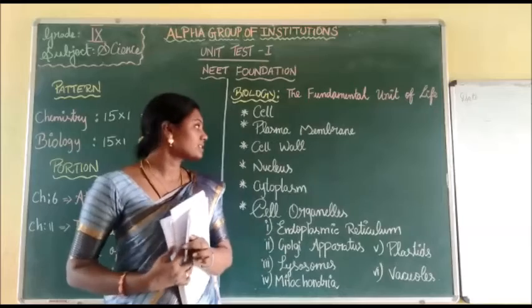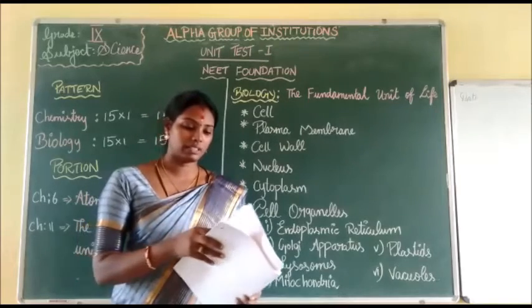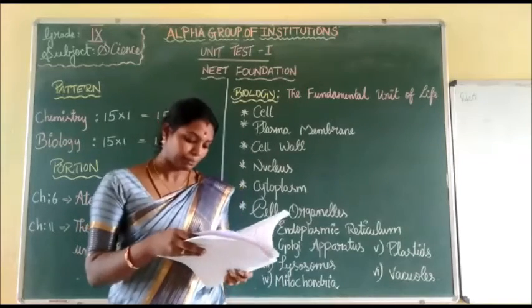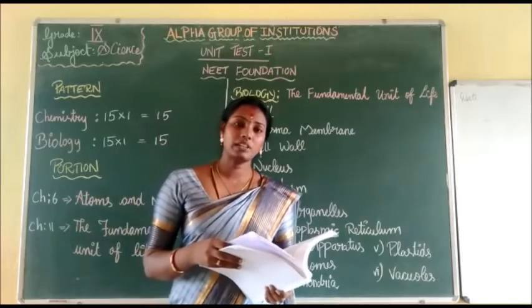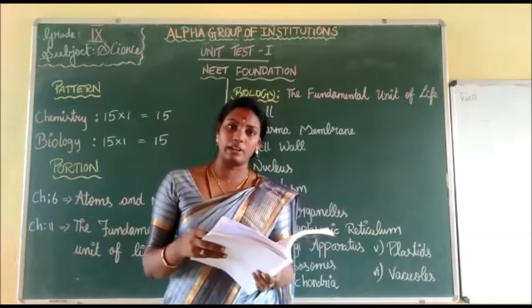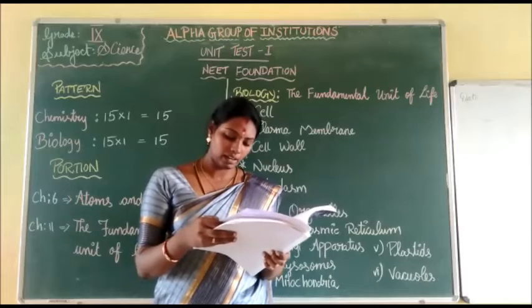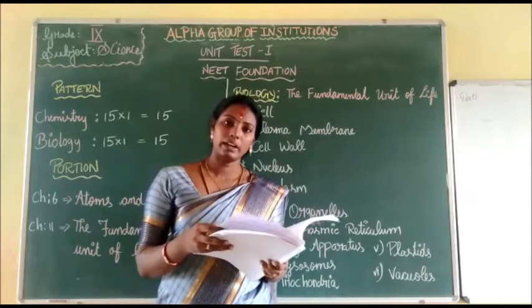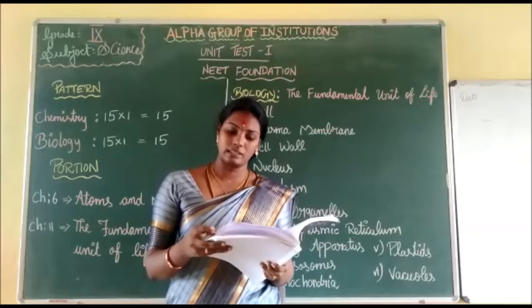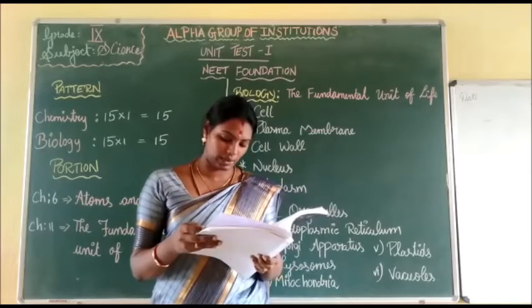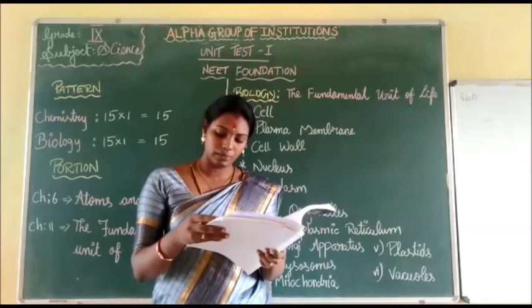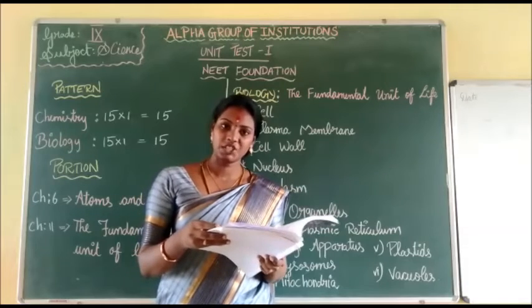Okay, let's discuss the 1 mark questions in this lesson. In which year was cell first discovered? 1665, 1839, 1855 and 1838. Yes, it is 1665. Who coined the term protoplasm?